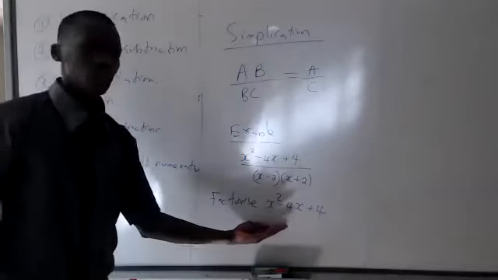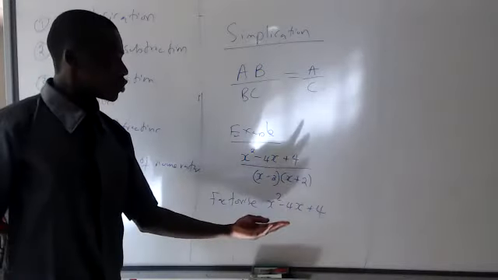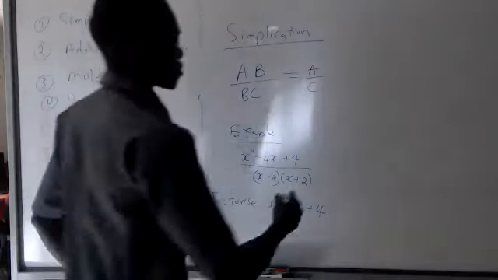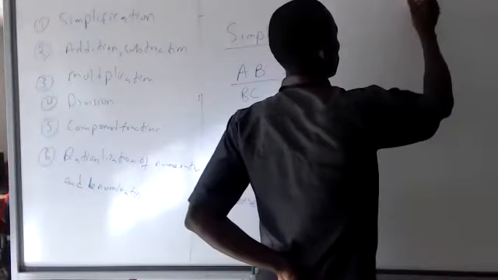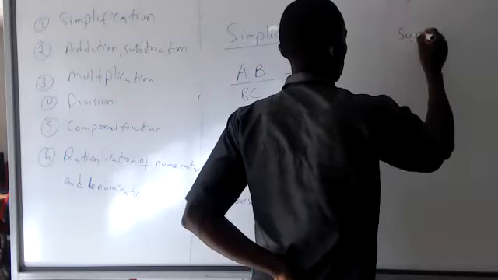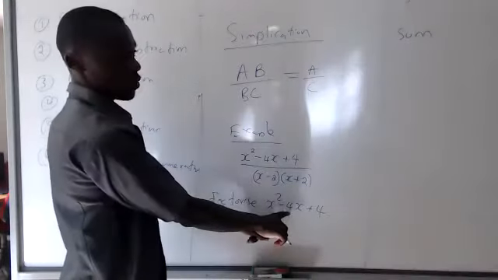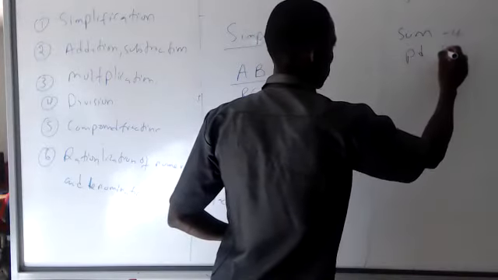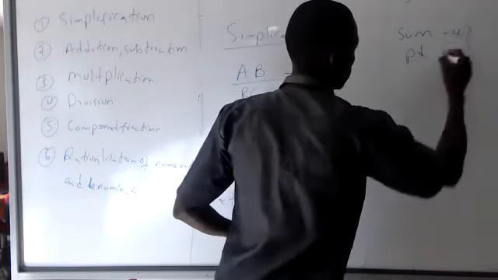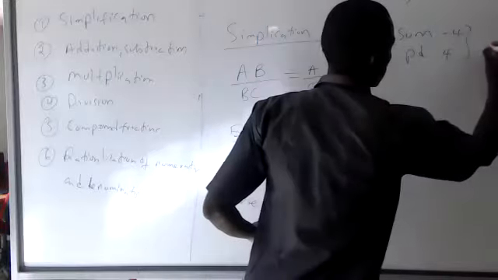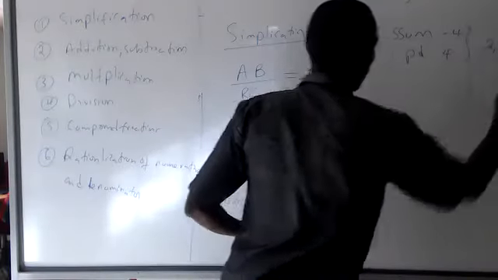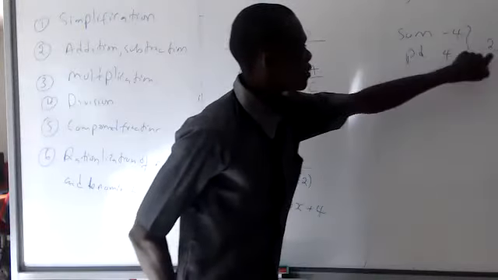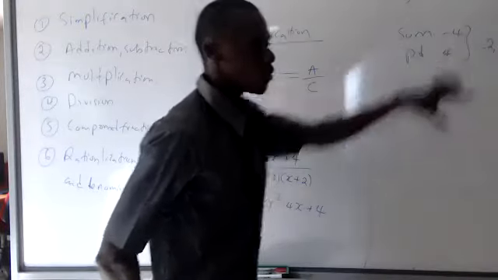This is a quadratic expression, and you know how to factorize a quadratic expression. Look for two numbers whose sum is the coefficient of x, -4, and whose product is 4. Minus 2 and minus 2 will work because -2 minus 2 is -4, and -2 times -2 is 4.